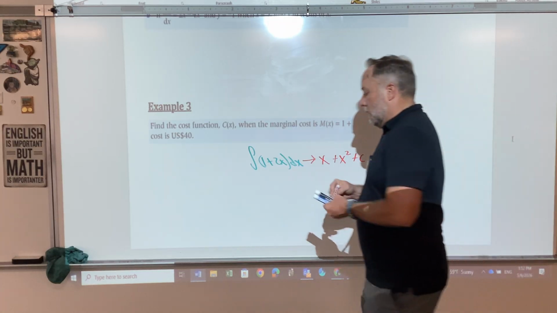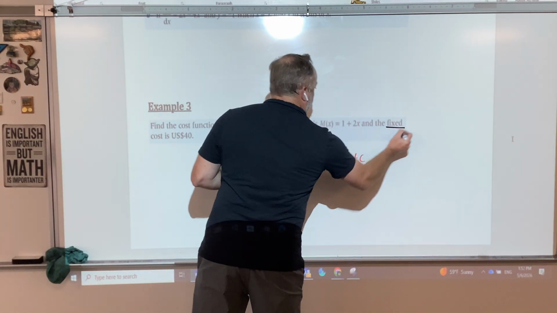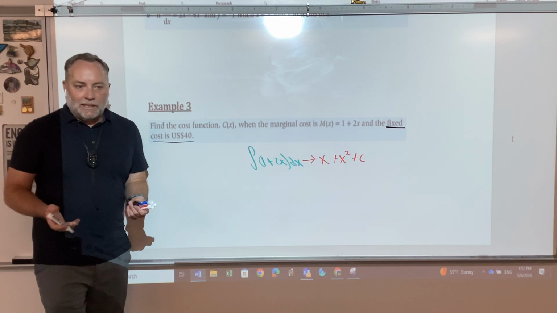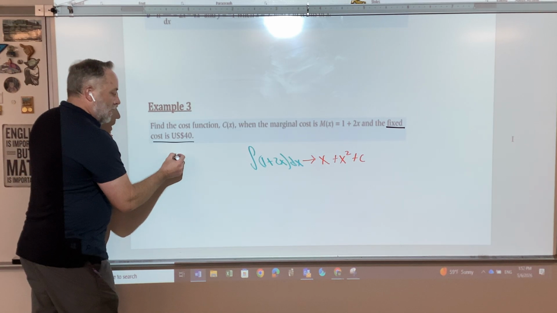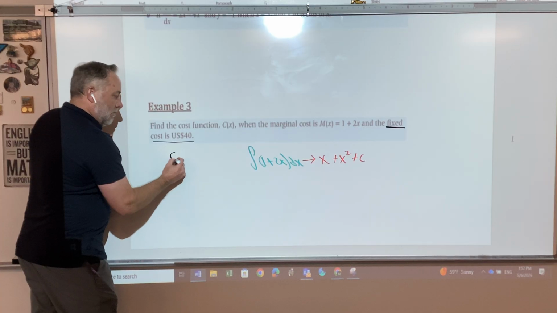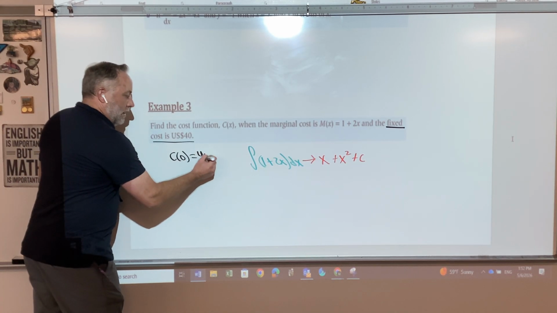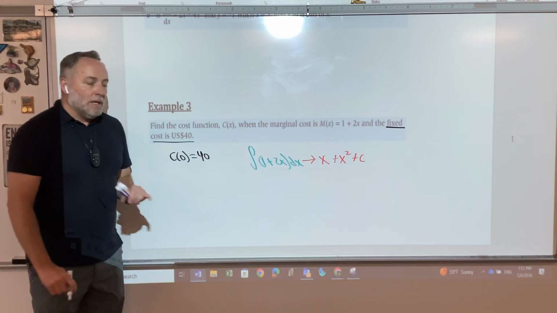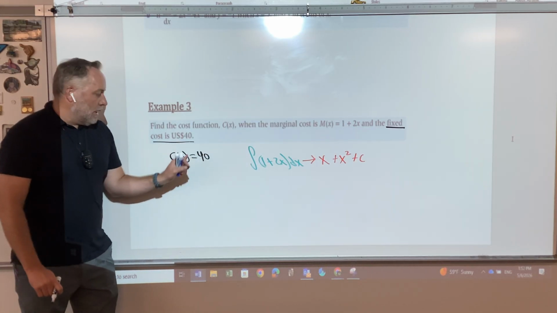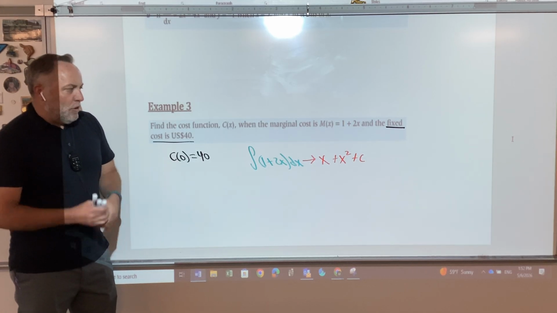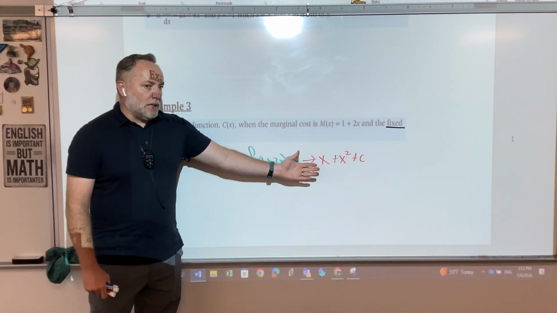Again, this part right here, fixed cost, that's what it's going to cost without producing anything. So this is basically saying C of 0 is equal to 40. That's what a fixed cost is telling you. If the fixed cost was 500, C of 0 would be 500. If you plug that in, it's always just going to give you the constant.